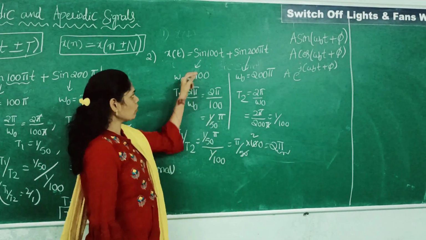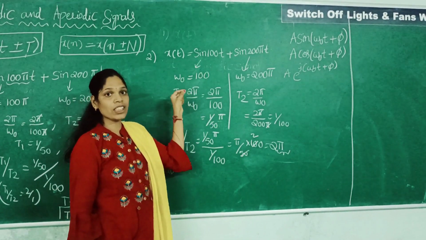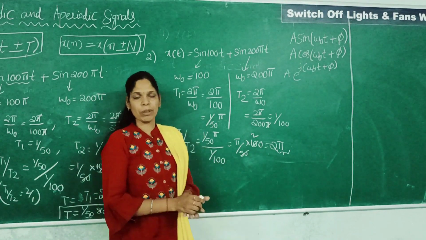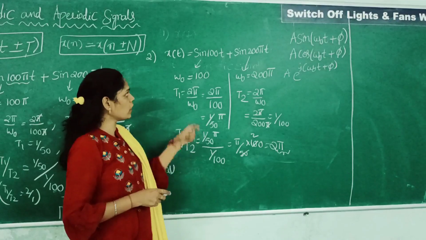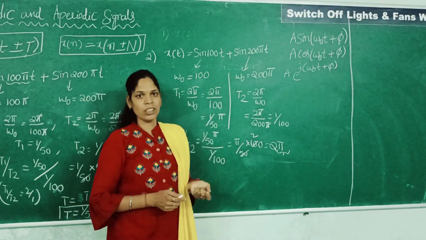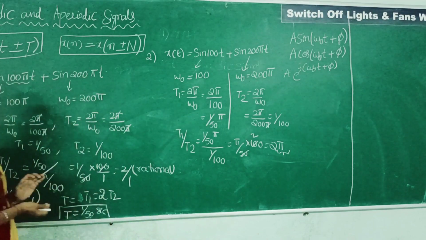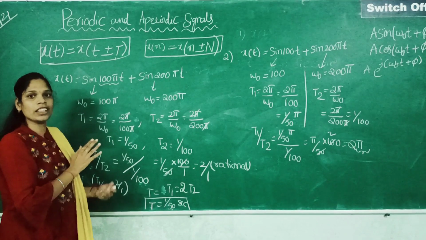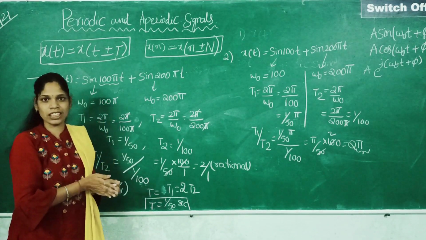So the sum of the two continuous time periodic signals is an aperiodic signal here, because there is no common time period for sin 100t plus sin 200 pi t. So what I can conclude here is that the sum of two periodic signals may be periodic or non-periodic in nature.